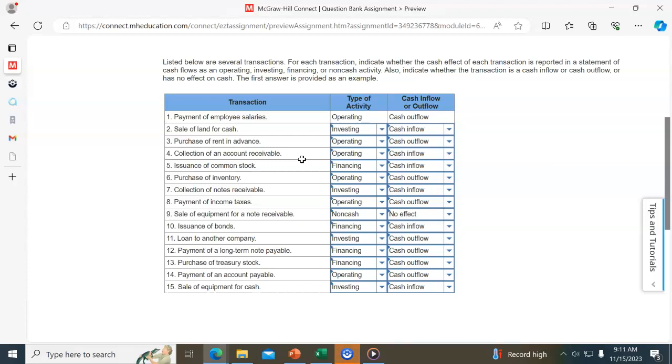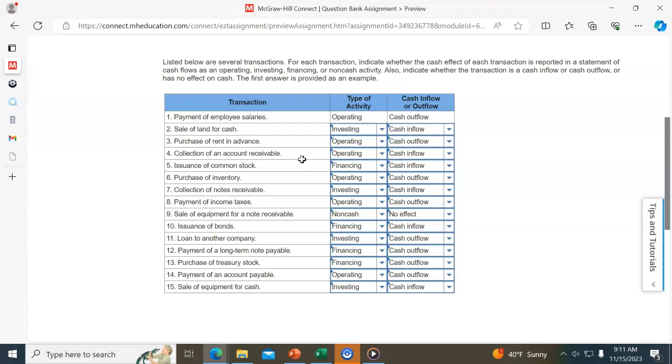Okay, just logically think, when we pay employee salaries, it sure doesn't come in, does it? It goes out. Make sense? It's an outflow. And isn't that why the company's in business, to receive payment for goods and services? In order to do that, all the necessary expenses are operating.